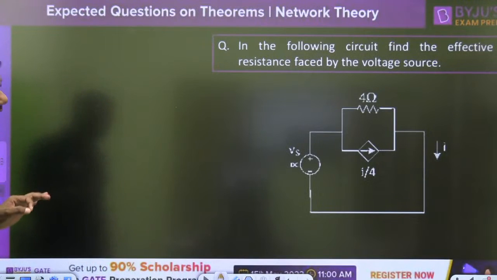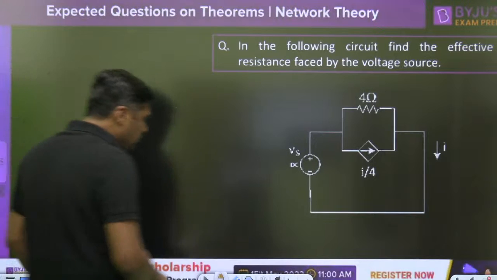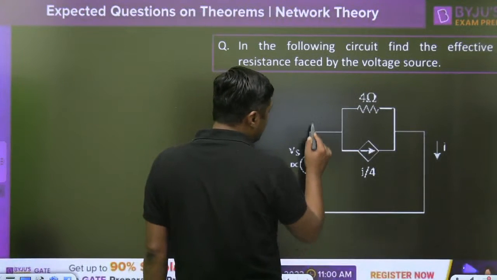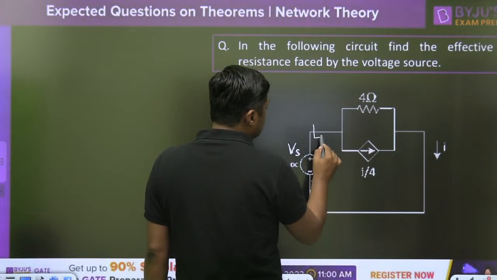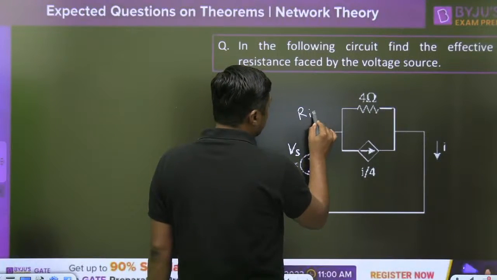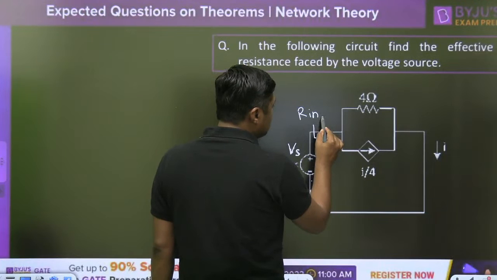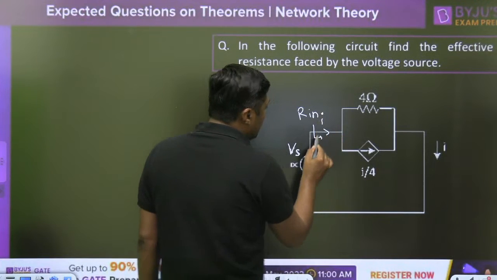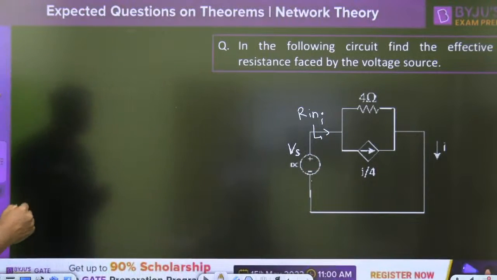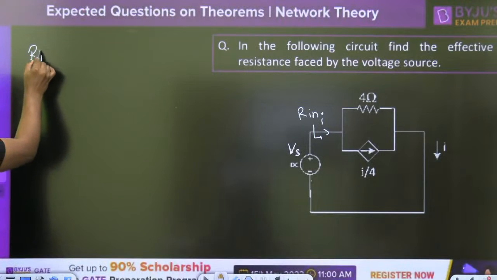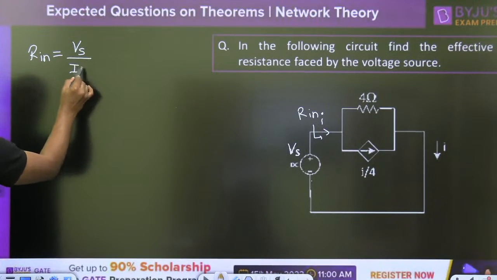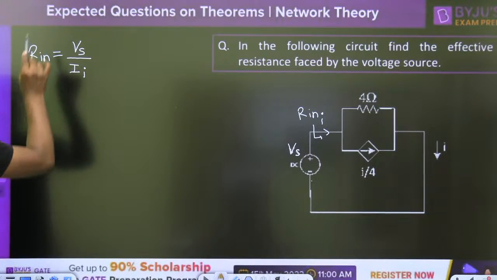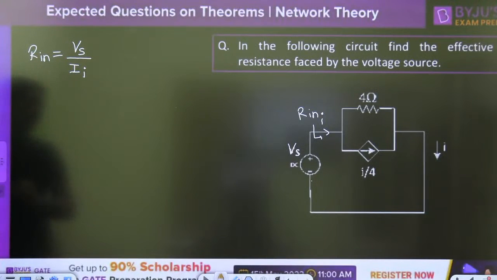In the following circuit, find the effective resistance faced by the voltage source. That is nothing but the input resistance seen by this voltage source Vs. Let this be the current I. The input resistance seen by Vs is the value of the voltage divided by the current given by the battery.